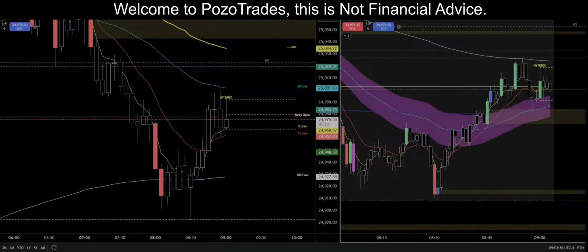Trying to think, 50 ticks on a mini, it's like $250.